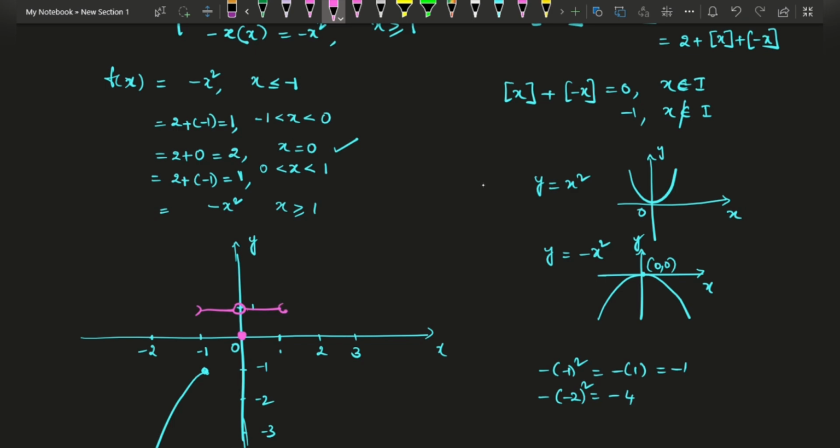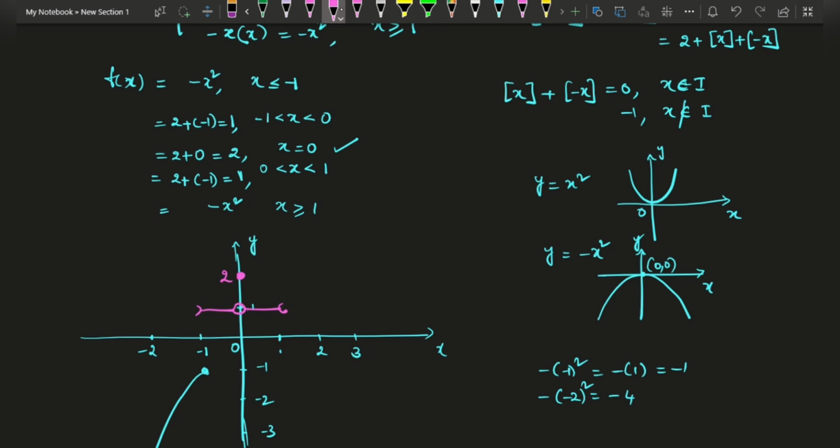At x is equal to 0, it is defined as 2. Sorry, it is not 0. It is defined as 2. And between 0 and 1, it is defined as 1.